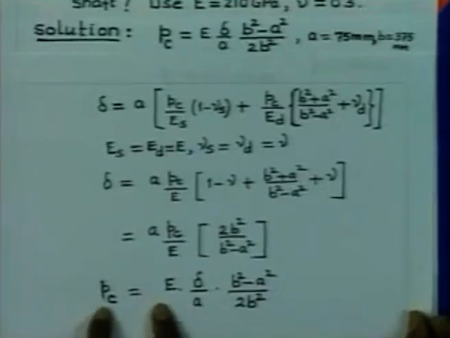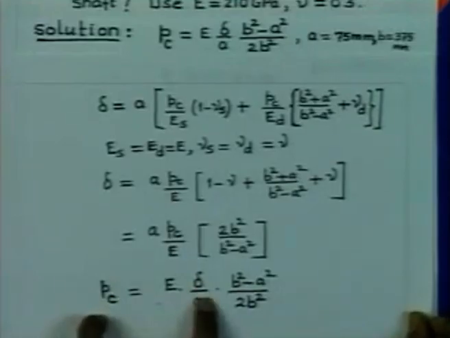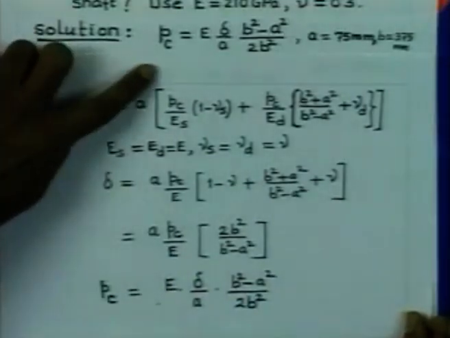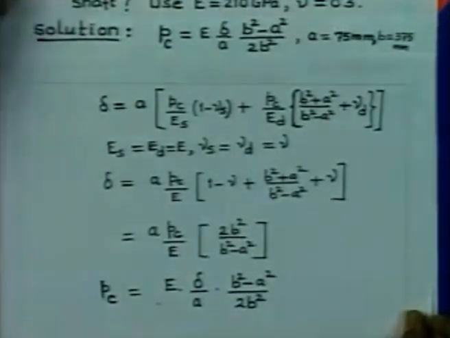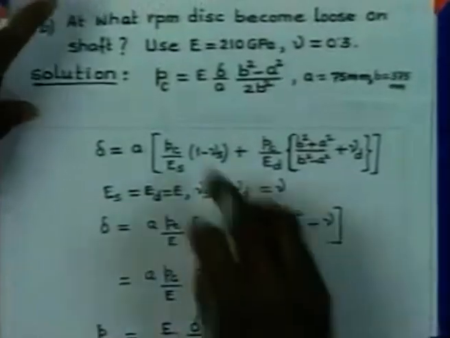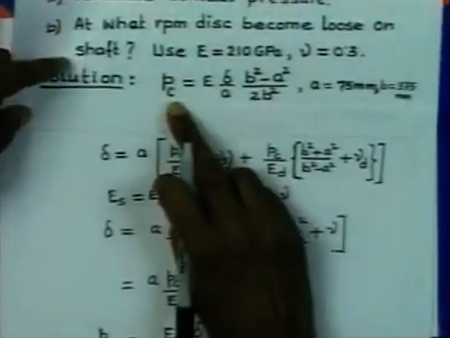That is nothing but Pc equal to E delta by A into (B square minus A square) by 2B square. So, that is the relationship we have made use of here. Given the value of delta, you can get the value of Pc. So, we just make use of this relationship here.